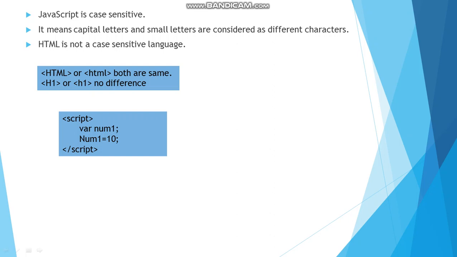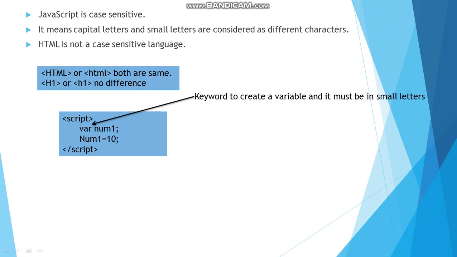So if you want to create a variable, then you have to give the var keyword. Remember, this var is a keyword that is used to create a variable. And here var we have to write in small letters. If you write in capital, then it will show you a mistake. It's a wrong statement.